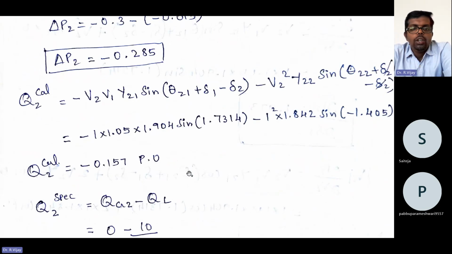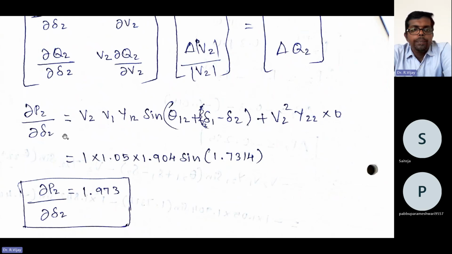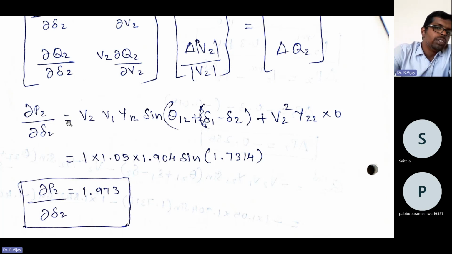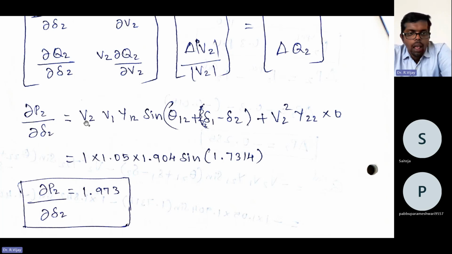With respect to delta, you will get V2 into V1 Y12 sine of theta 12 plus delta 1 minus delta 2, plus V2 squared into Y22. I think this formula we have already seen in the general formulation of the Gauss-Seidel method itself. Here, I think the delta value is 0, so it is multiplied by 0, which is 0 here. So you need not take this. Just substitute the values for this.